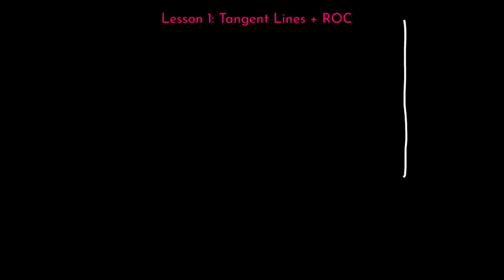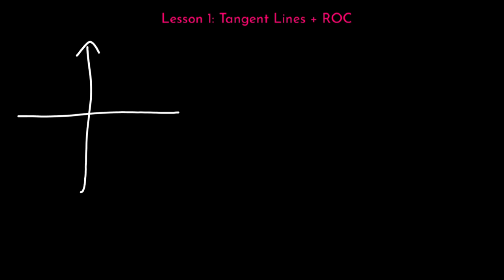So a tangent line, if we have a graph f of x on the xy plane, and it looks like, here, let's just start out with an easy one, a parabola, upside down. And I want to find the tangent line. The tangent line is the instantaneous slope at a given point, right?